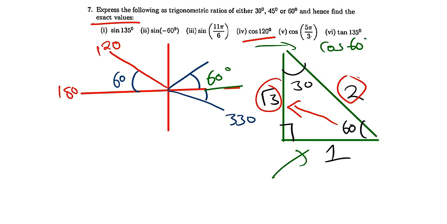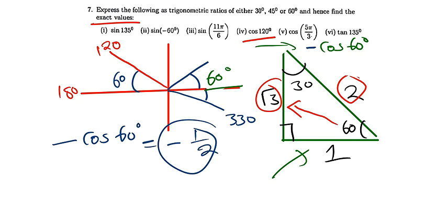Now is cosine positive or negative in the second quadrant? It's negative. So negative cos 60 is what? Cos 60 is half, so negative 1 over 2 or negative 0.5. That cos 60 can also be gotten from this triangle. Cosine is adjacent over hypotenuse from SOHCAHTOA.